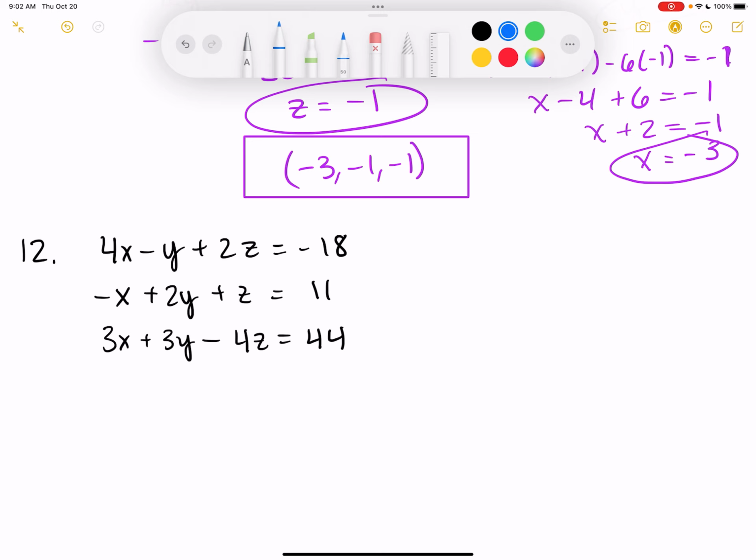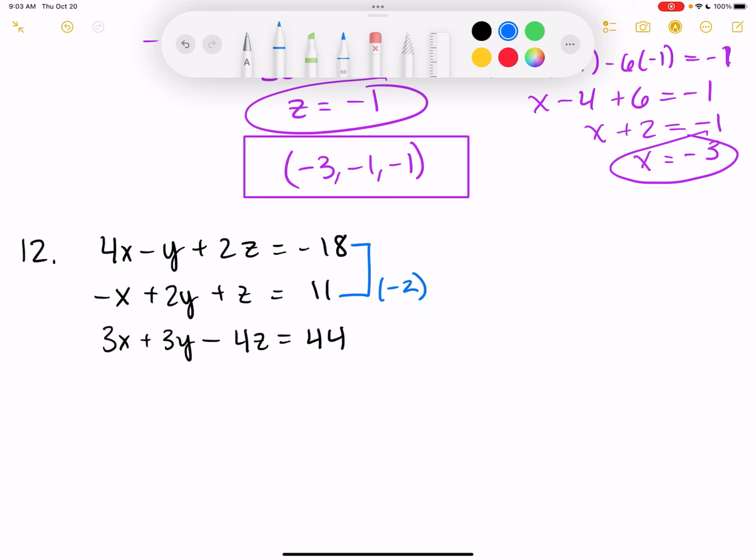1 and 2. Okay. So what am I going to need to multiply by in which one? Middle by 2. Negative 2. Okay. So I'm going to multiply this one by negative 2.